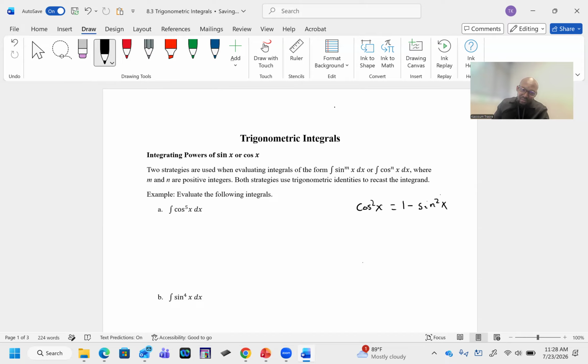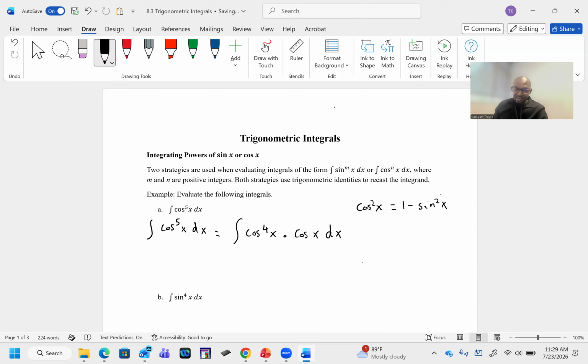But this is to the power of 5. So I have to rewrite my integral. It's the same thing as the integral of cosine to the power of 4 x times cosine x dx, right?